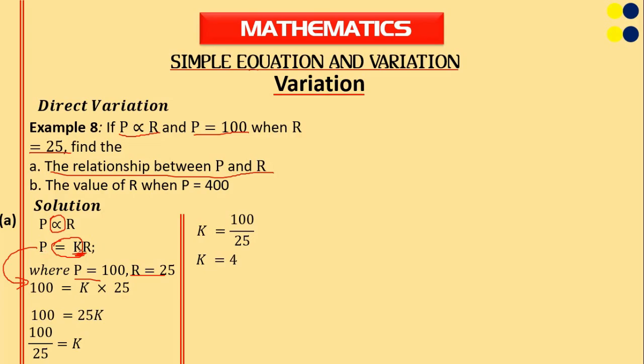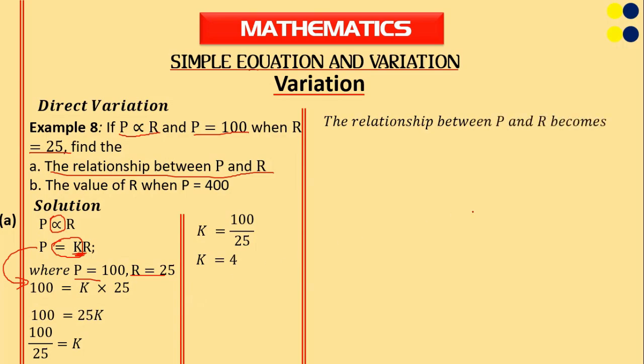And if K is not going to be there, you have to replace it with the value of K. So the relationship between P and R is going to be P equals 4R. So it's a formula connecting P and R.